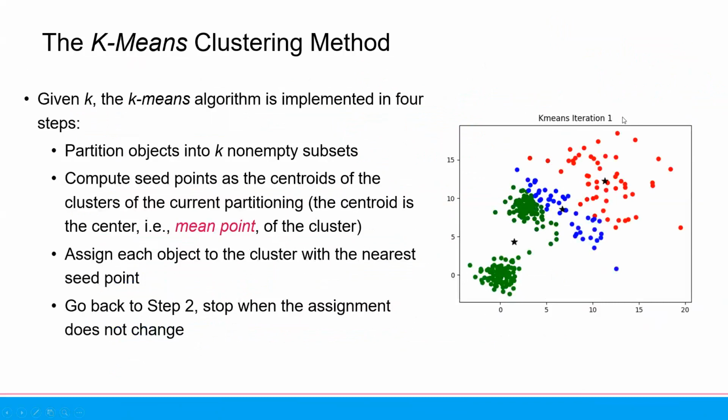In iteration 1, it calculates the best centroid or the best center, and it goes to the next iteration until it finds the best center. The best center means the mean point or the least error.